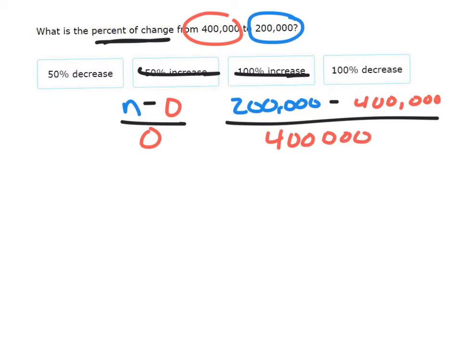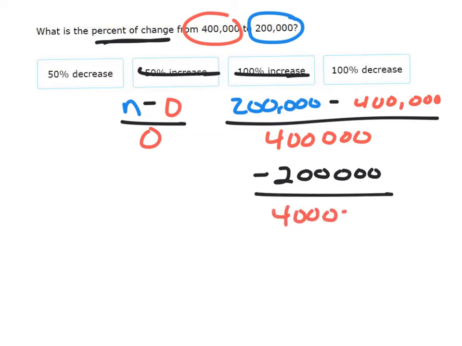Next step I do is subtract. 200,000 minus 400,000 is going to be a negative 200,000, and I still have not changed or modified that amount in the denominator. So now, after I've subtracted in the numerator, I'm going to divide this. Negative 200,000 divided by 400,000 is going to be negative 0.5 or negative 5/10.